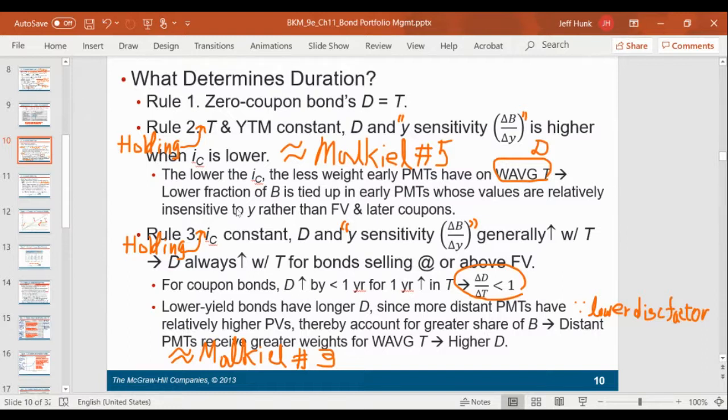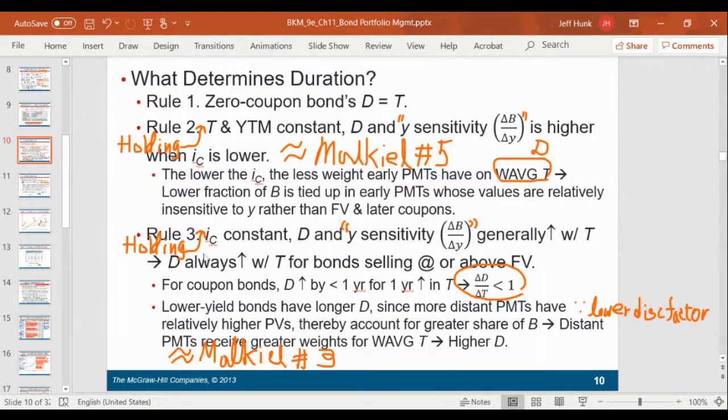Why? Because earlier coupon payments are not discounted deeply. Earlier coupon payments are discounted at best once, twice, three times, right? And because the coupon payment is small, they definitely have less impact on the price.